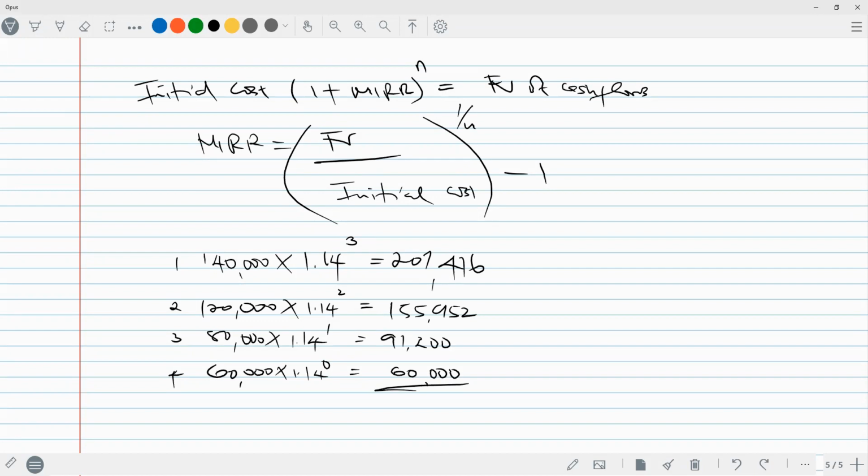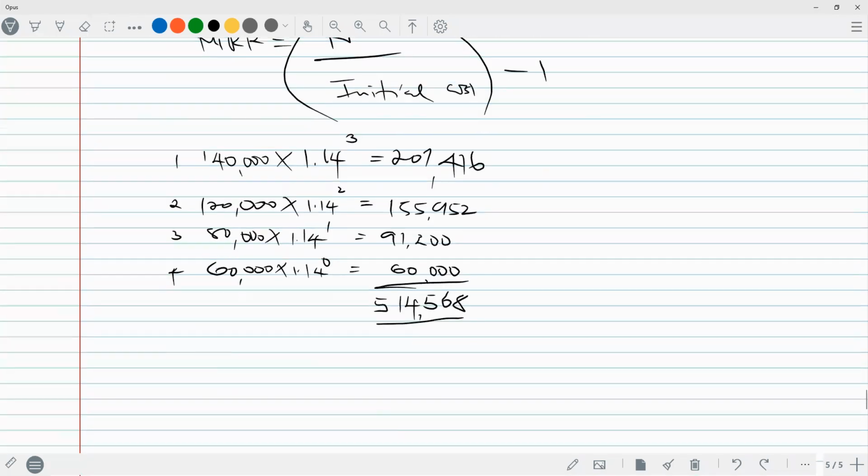The sum of the future value of those cash flows therefore is how much? 514,568. Okay, that gives us the future value.